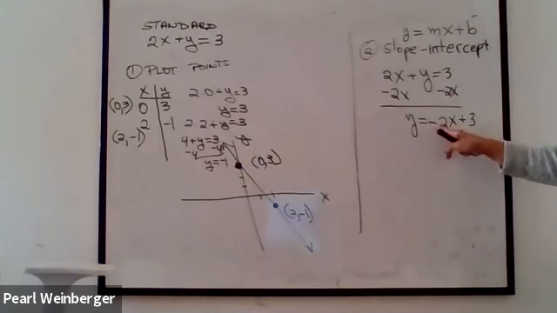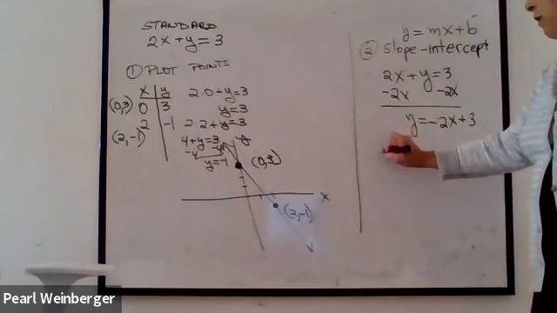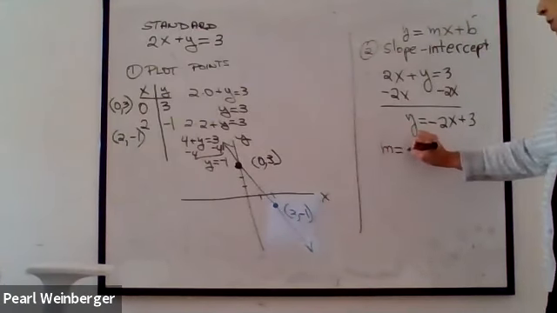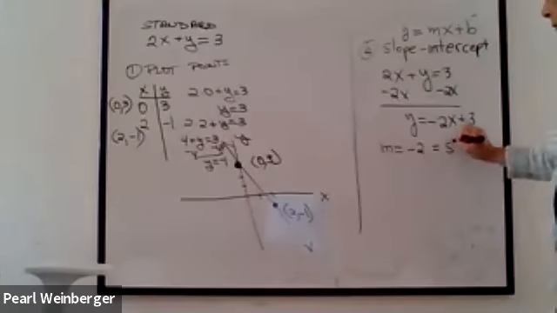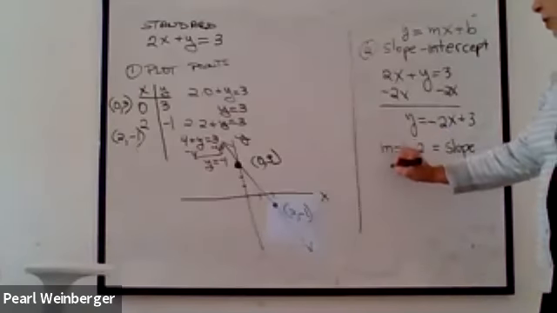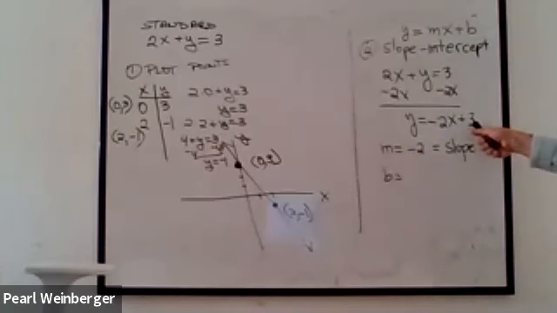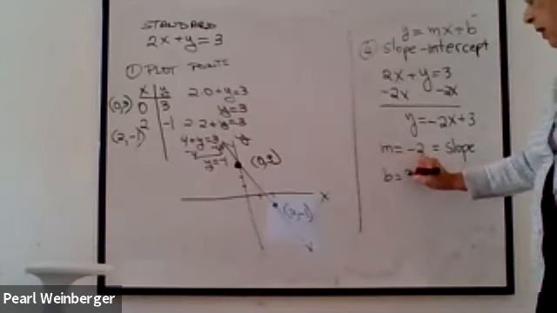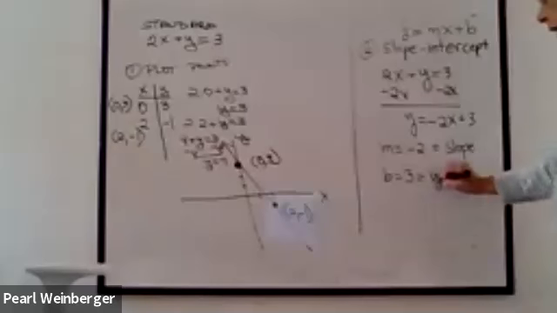We have the x term next and the number without any x term second. The number in front of the x, the coefficient of the x, which in this case is -2, is what we call the slope of the line. And the number that stands alone, which is the 3, that's what we call the b, is the y-intercept.